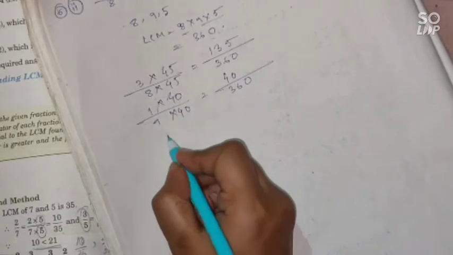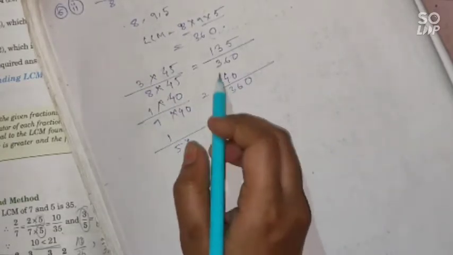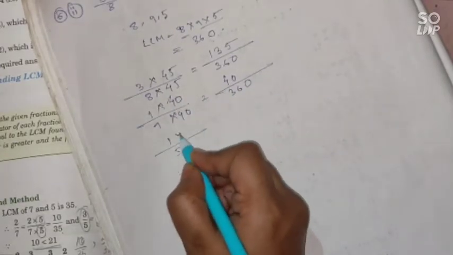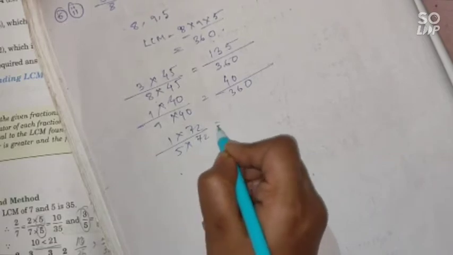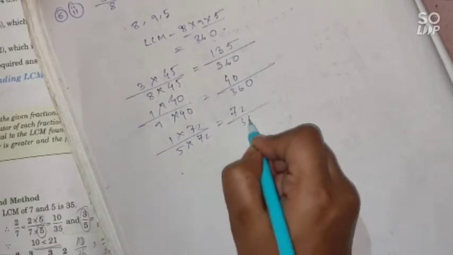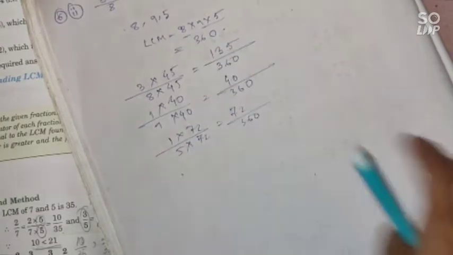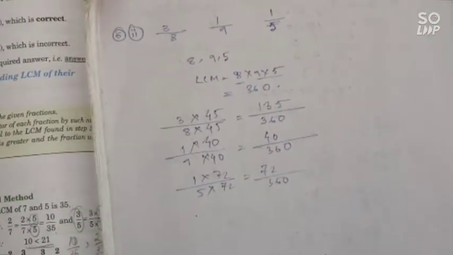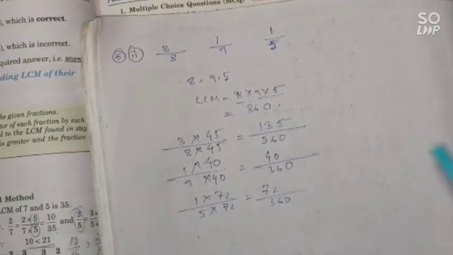Next, 1 by 5, you have to multiply it by 72, giving 72 by 360. So the given fractions are now converted into like fractions.